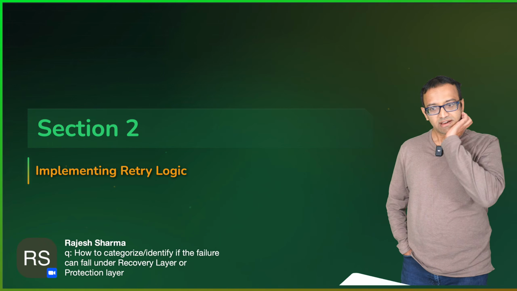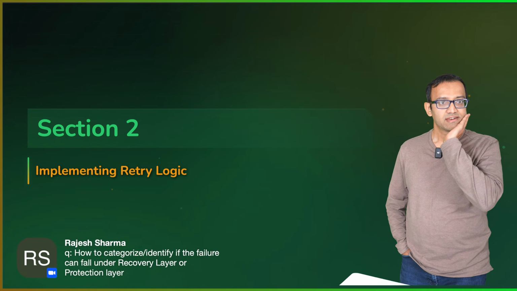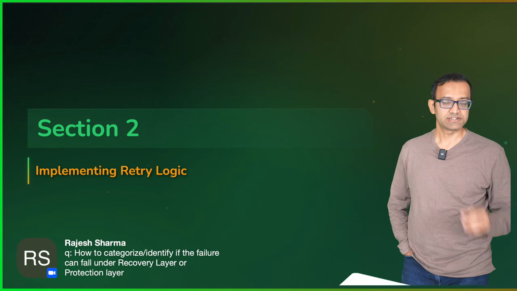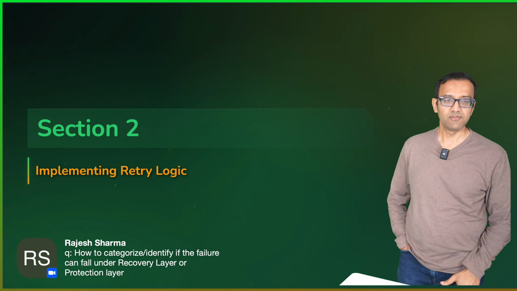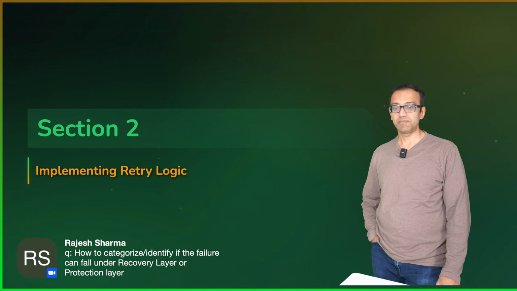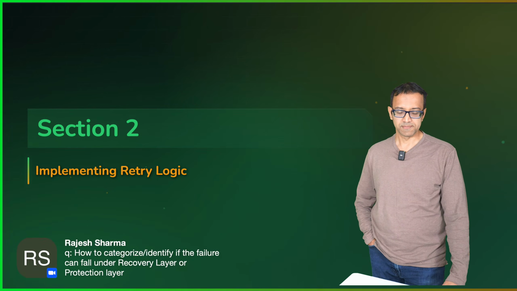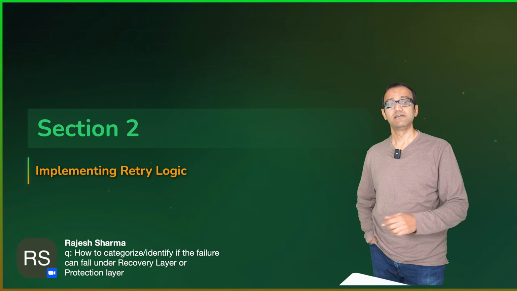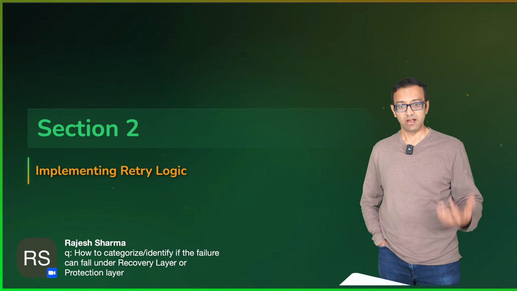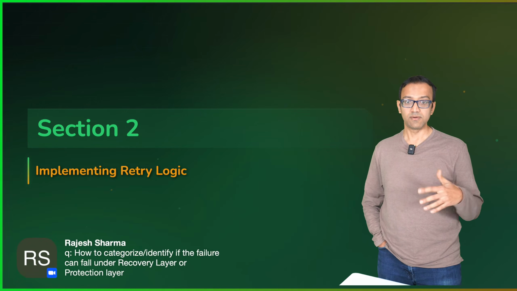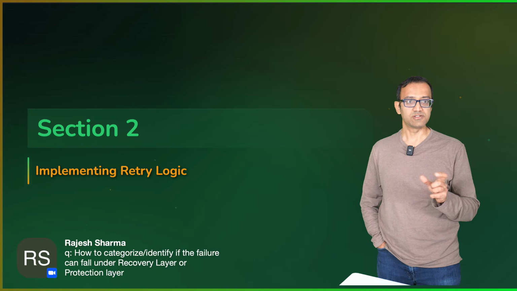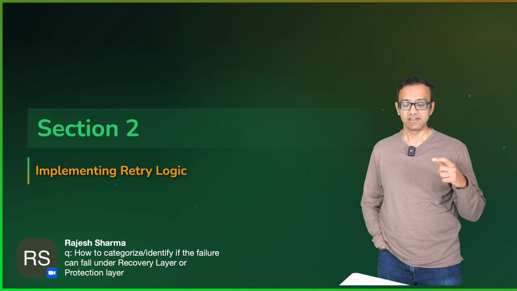How to categorize or identify if a failure falls under the recovery layer or the protection layer? Well, again, it's the concept. I talked about two things, right? One is temporary versus more long running. Temporary and intermittent, you do a retry. And if it is long running, then you guard against it. You can't solve it, you guard against it. And it's also the optimistic versus defensive.